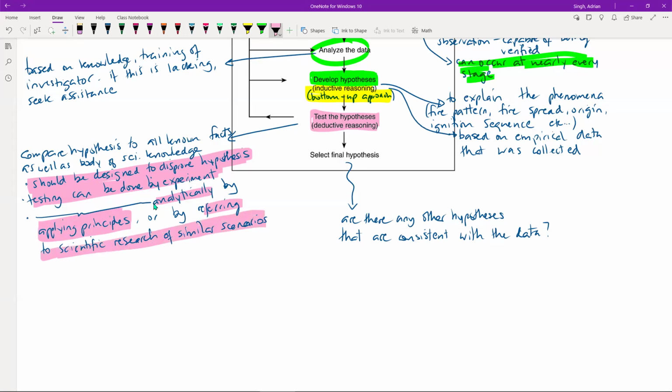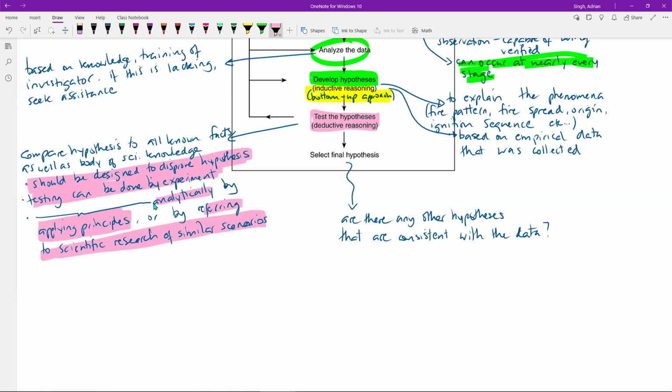So you look up and do some research, and when you refer to scientific research of similar scenarios, you want to make sure that you have very, very similar, if not identical, situations or settings for the fire, so you can draw some valid conclusions.